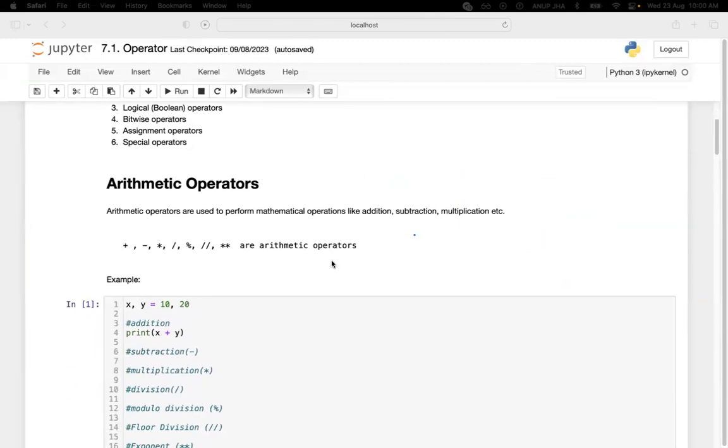Basically, arithmetic operators are used to perform mathematical operations like addition, subtraction, multiplication, and division. This is the modulo operator, which gives us the remainder, this is called floor division, and this is called exponent.